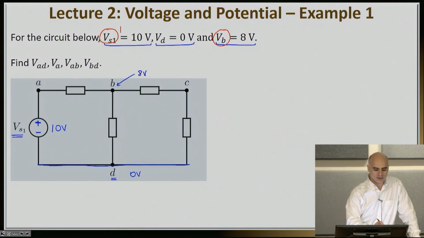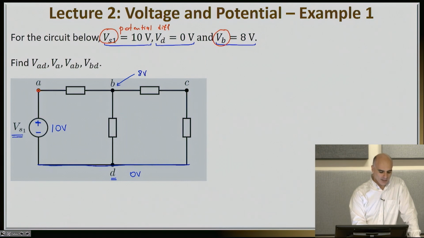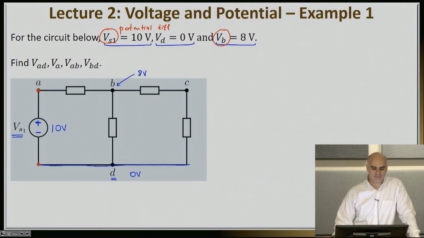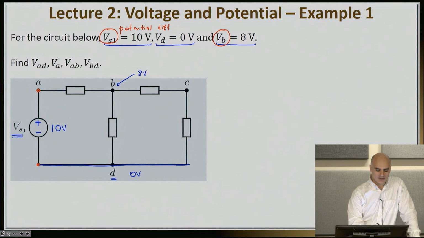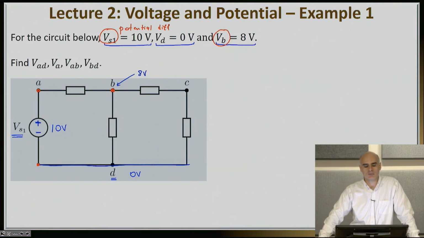VS1 is a potential difference, or a voltage difference. It refers to the voltage at point A minus the voltage at point D. VB is the value that refers to the voltage of node B, the absolute potential at node B.